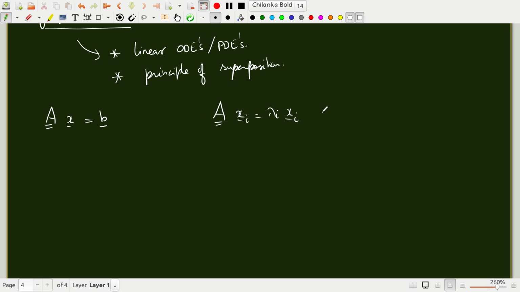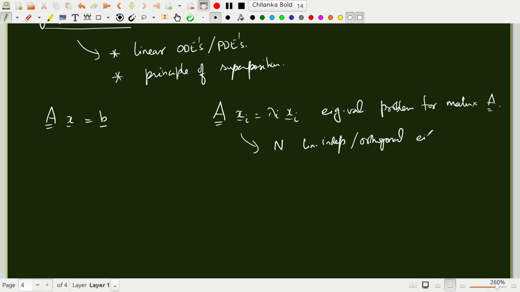This is the eigenvalue problem for the matrix A. Okay, so now, and let's further assume that you have n linearly independent or orthogonal, even orthogonal would be better, eigenvectors.